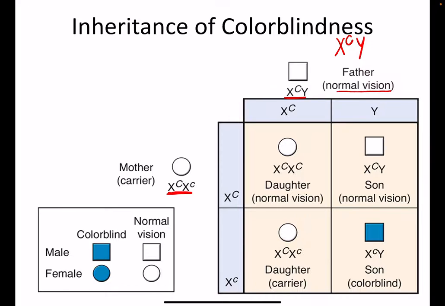If he would have been colorblind, he would have had X little c, Y. The female is a carrier. A carrier means they're going to have one big letter and one little letter. They're going to be heterozygous, so she's got a big C and a little c. And if we look at our Punnett squares, these two are going to have our XXs. So these are our females, okay?